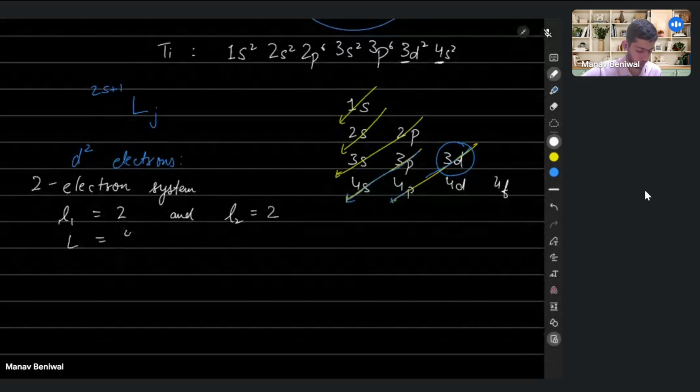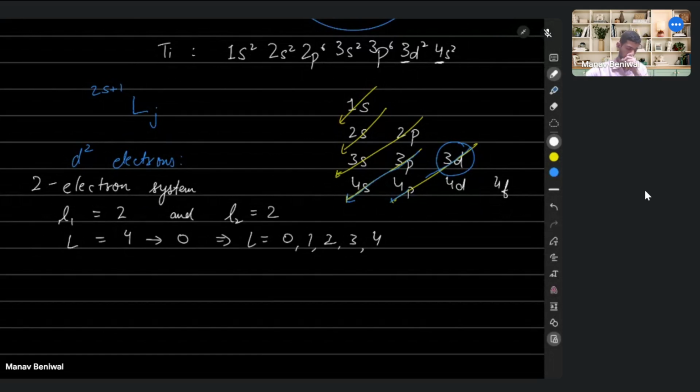So it can go from 4 to 0, which implies L can be 0, 1, 2, 3, 4. So we have 5 different values of L.